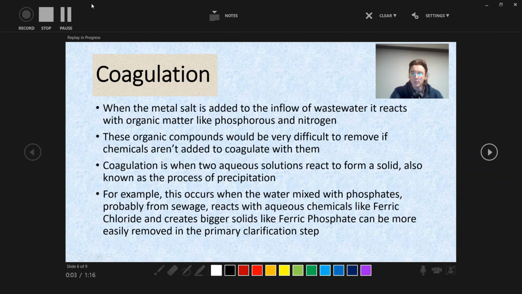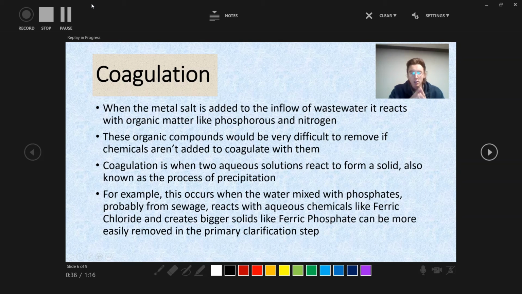If what I'm trying to explain to you is still a little muddy, let me put it this way. The majority of excess nutrients that need to be removed from wastewater to prevent catastrophic environmental disasters is removed with coagulation, which is when two aqueous solutions, kind of like with precipitation, react with each other to form a solid.